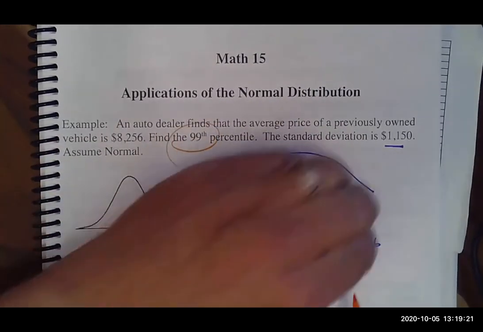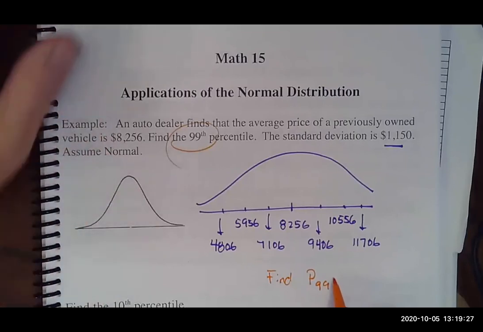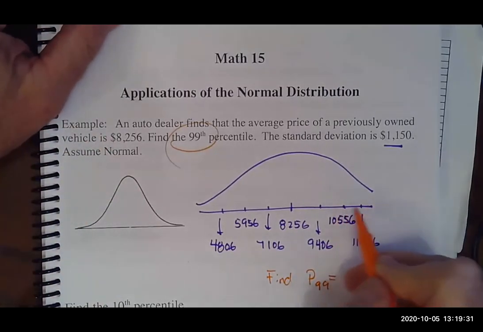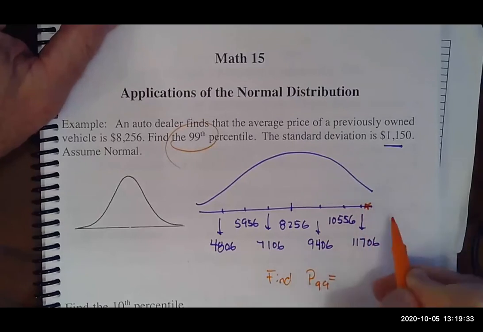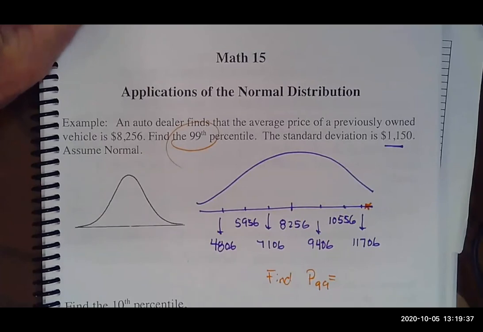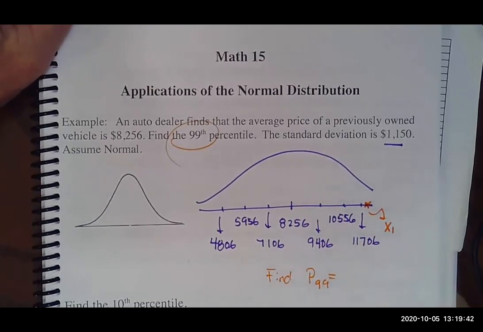I'm going to find P of 99 equals, oh, okay, so somewhere, maybe right here, question mark. That's the question, is where do I put it? Well, I think I'll put it right here and call that X of 1.